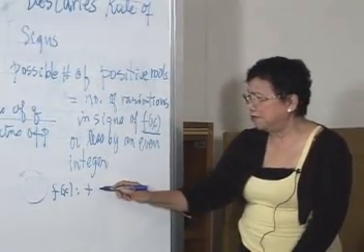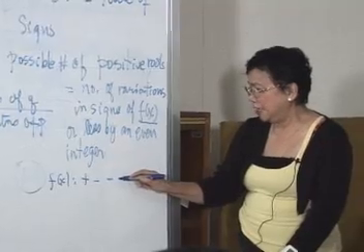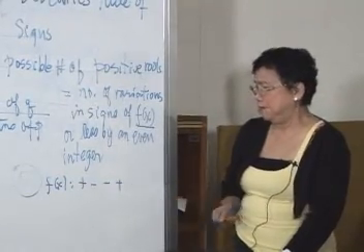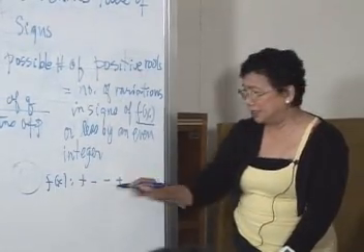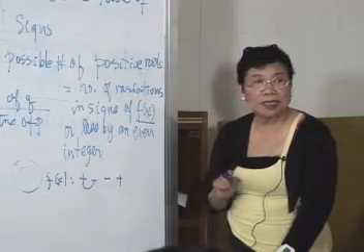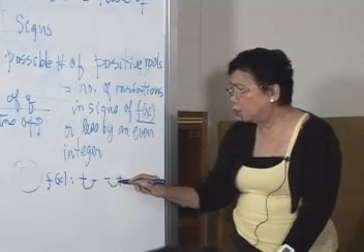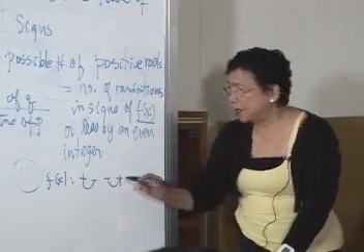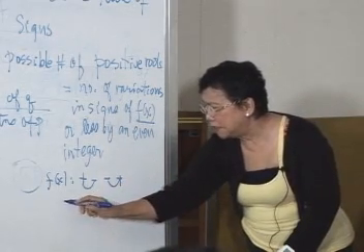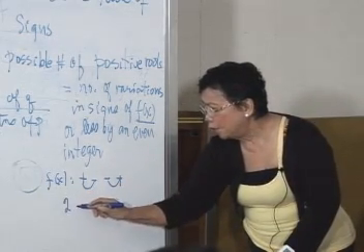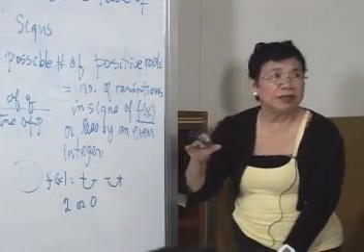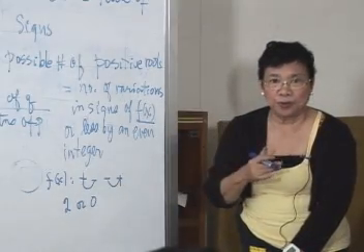Next term, negative. Next, negative, negative, positive. So, what are the variations in signs? That is 1, 2. Therefore, the possible number of positive roots is either 2 or 0. Either there are 2 roots or there are no roots.